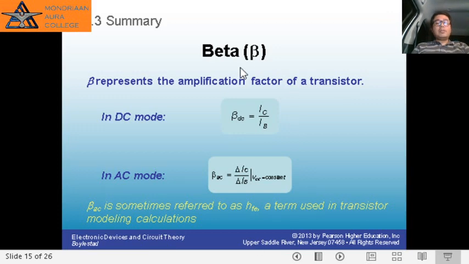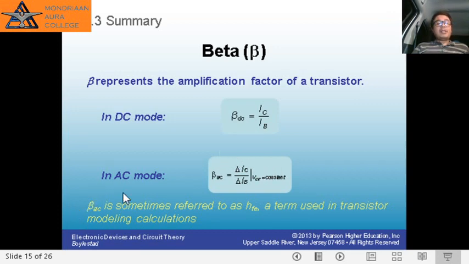So, in AC mode kasi, kapag meron na tayong input na AC signal, magkakaroon tayo ng variation sa ating load line or dun sa ating characteristic curve. Okay? Beta AC is equal to the change in IC or delta IC divided by change in delta IB. So it's basically the derivative of IC with respect to the derivative of IB.